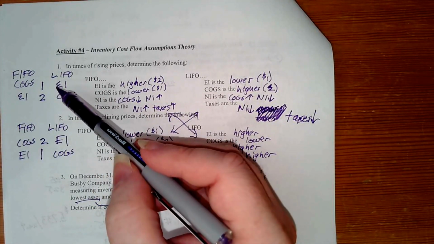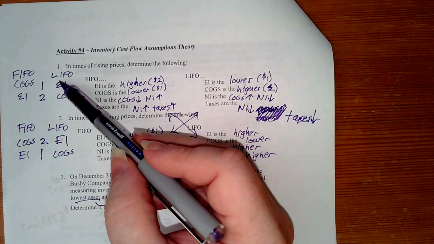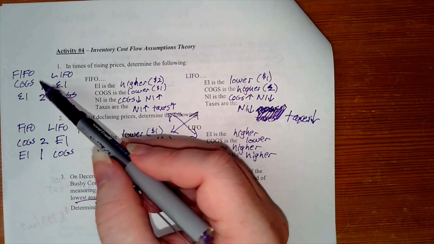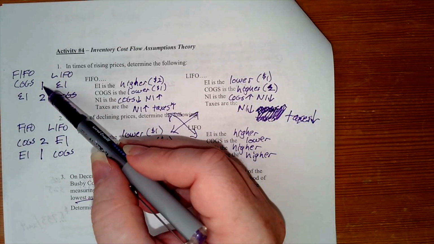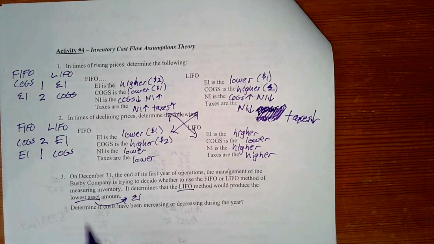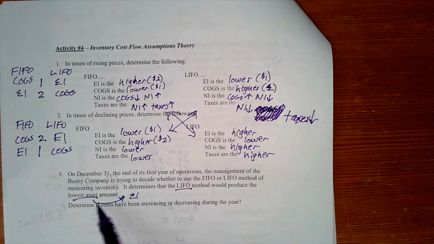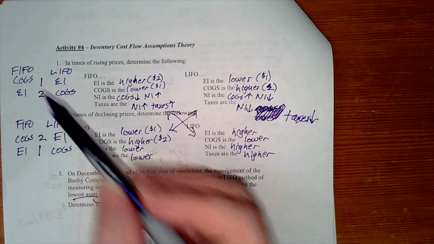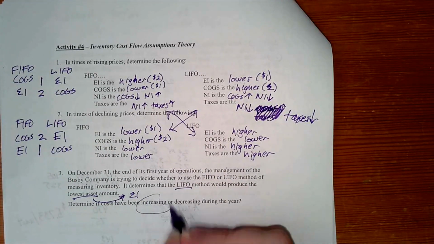So here, LIFO under rising prices, EI, ending inventory, would be 1, but under declining prices, EI would be 2. So which one is lower? Because it says under LIFO, they would produce the lowest asset amount. Well, it looks like it must be increasing, right?